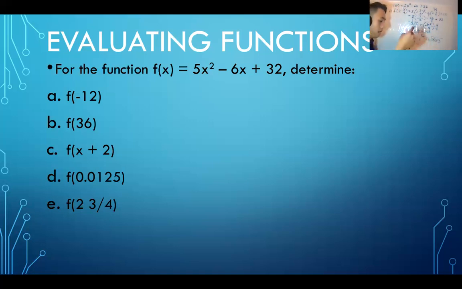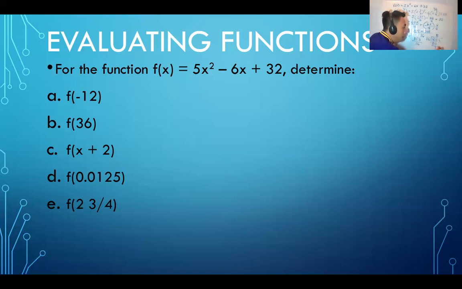Now, 85 divided by 16, or how many 16s are in 85? If we do 5, that is 80. Correct? If we do 6, that is 96, so we went over. So I will just use 5. 5 times 16 is 80. 85 minus 80, we have 5.